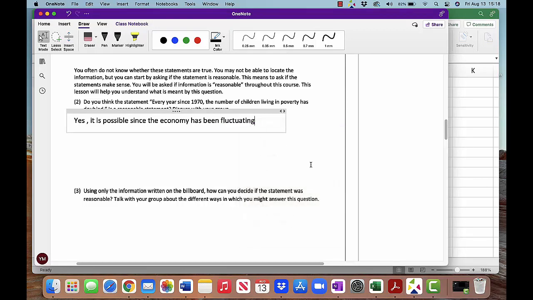Right? It's going up and down, and therefore poverty has been increasing as the economy has been going down at some times since 1970, and as the economy is going down, so does the number of people living in poverty. So that could be true, right?